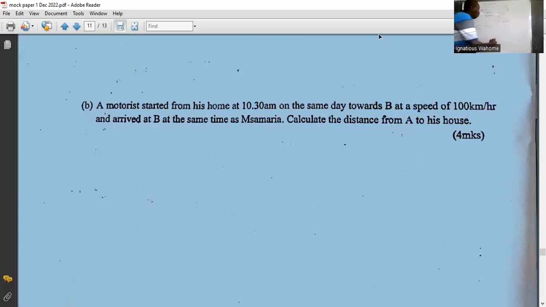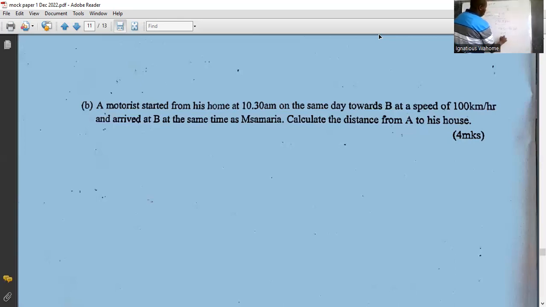It is 12:15 minus 10:30. Please calculate that. The time difference, you multiply by 100, and you get the distance from A to the motorist's home.